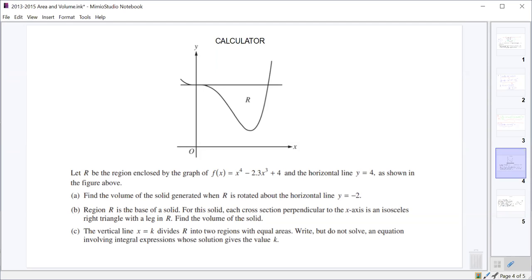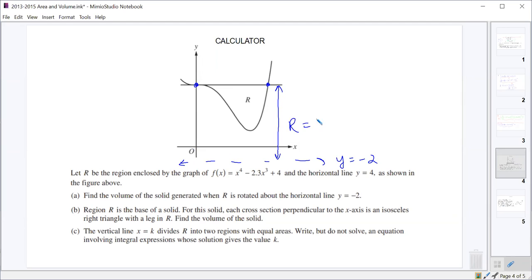So if I'm going to revolve this around y equals -2, we're clearly going to get some washer cross sections if we slice it vertically. Our outer radius, going from here to here, is always the distance from y equals 4 to y equals -2.